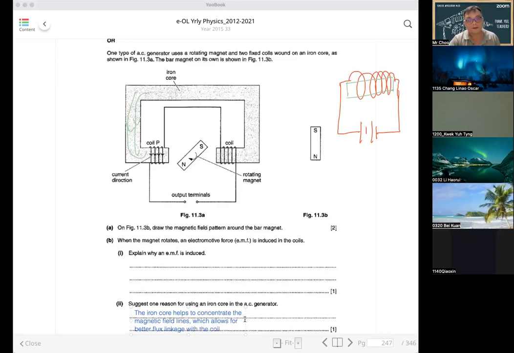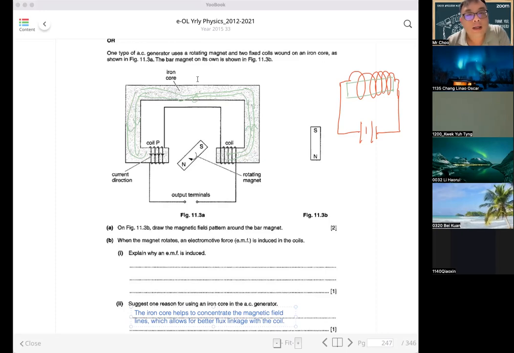Is that clear? Okay, so basically it allows the magnetic field to concentrate inside here, moving inside this coil. Without the iron core, the magnetic field will be around everywhere. It may not be concentrated.